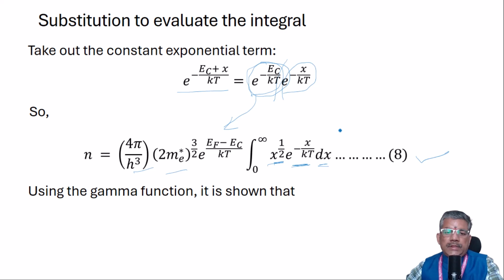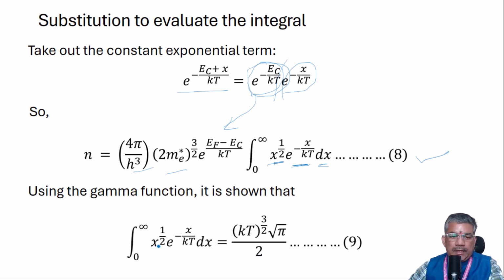Now using the gamma function, we know it is shown that the integral 0 to infinity of x power 1/2 exponential of minus x by kBT into dx, the final solution for this integral is (kBT) power 3 by 2 into pi power 1 by 2 divided by 2.